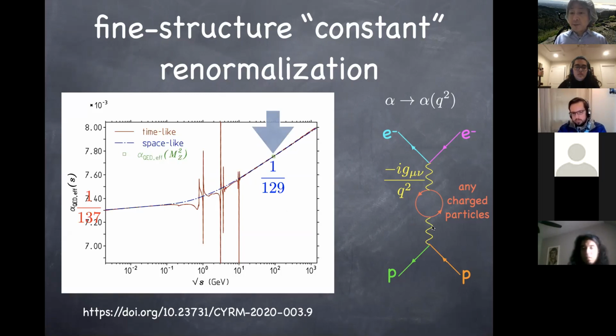Because electromagnetism, now we understand, is a consequence of exchanging virtual photons. Virtual photons can polarize the vacuum. This is called the vacuum polarization diagram, in a way that depends on the momentum transfer. So the strength of electromagnetism does change as a function of momentum transfer. And again, theory and experiment do agree.